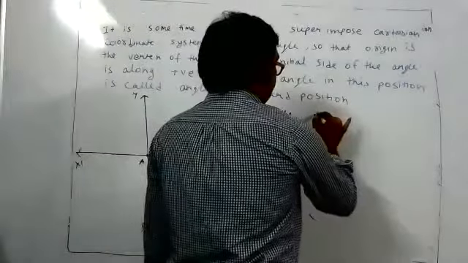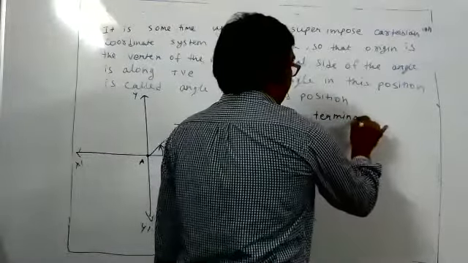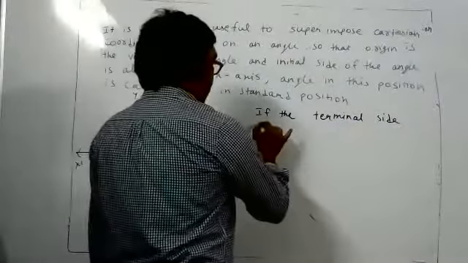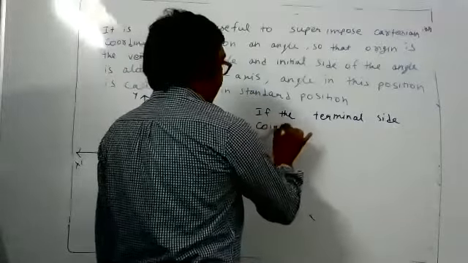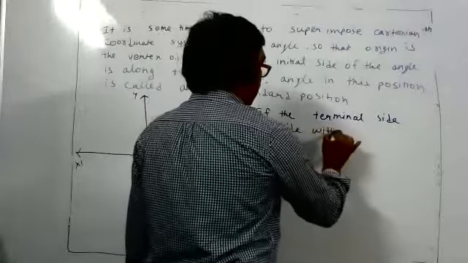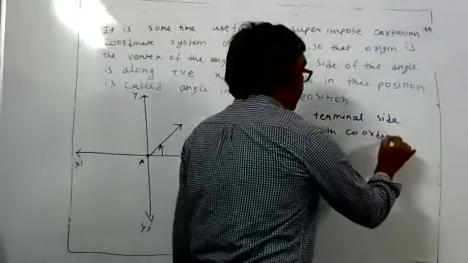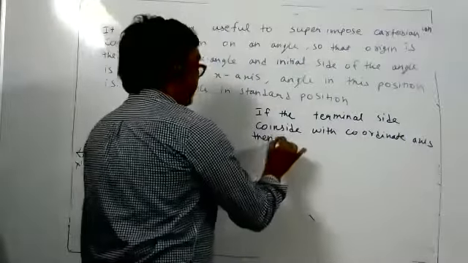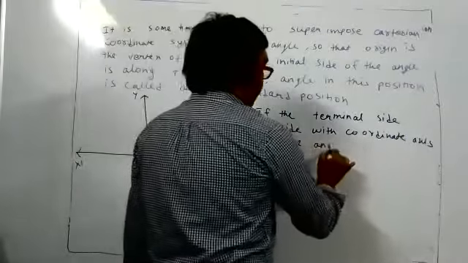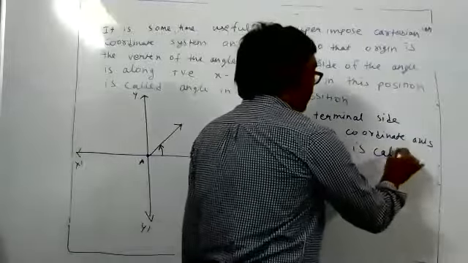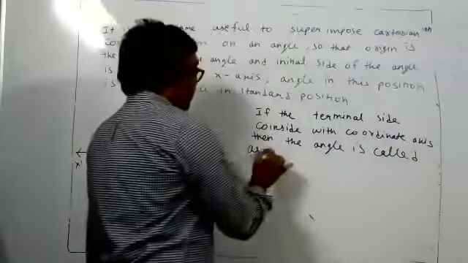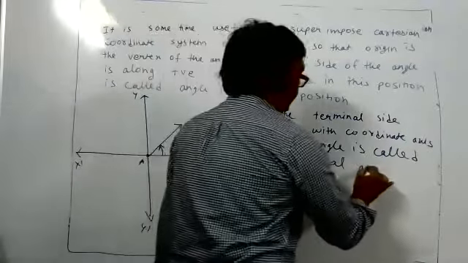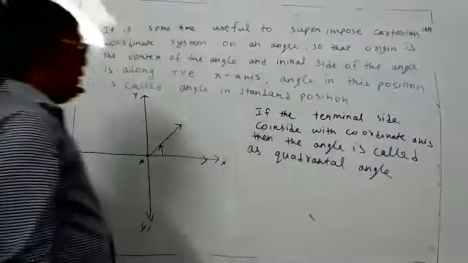If the terminal side coincides with a coordinate axis, then the angle is called a quadrantal angle. Quadrantal angle.